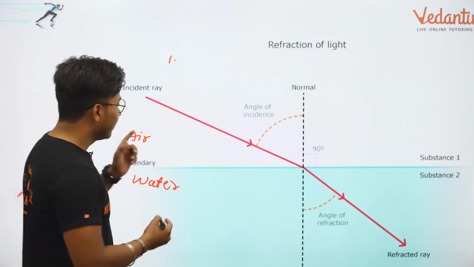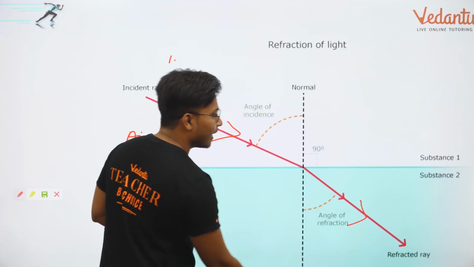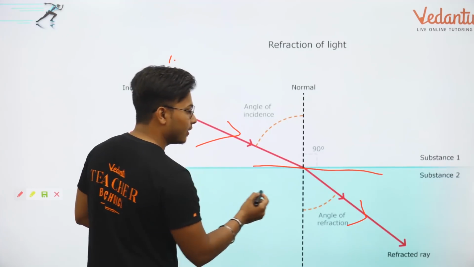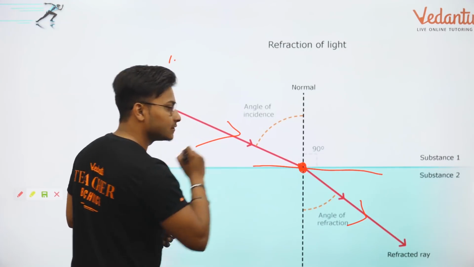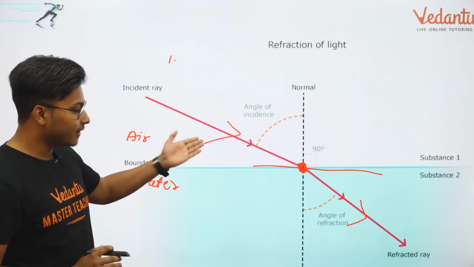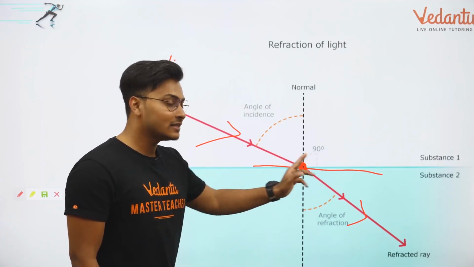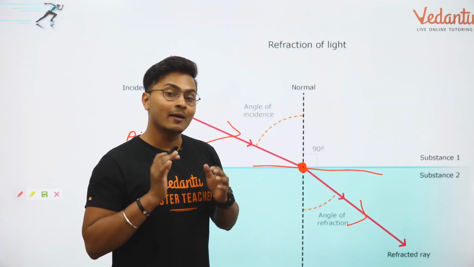Same यहाँ पे भी वही है. The incident ray, the refracted ray and the normal all lie on the same plane at the point of incidence. And what is number 2?